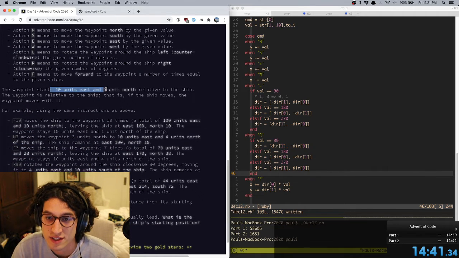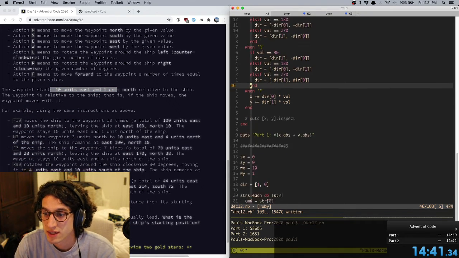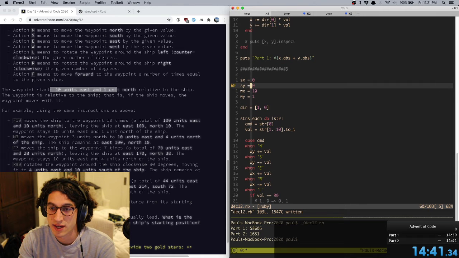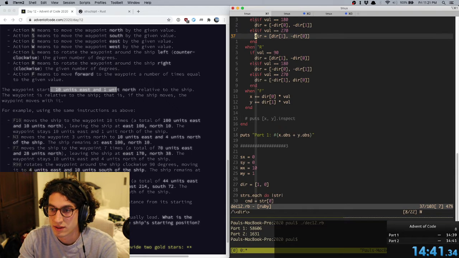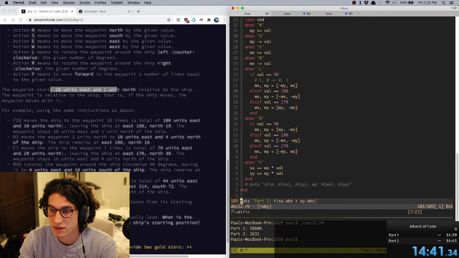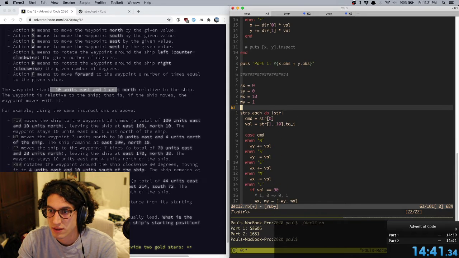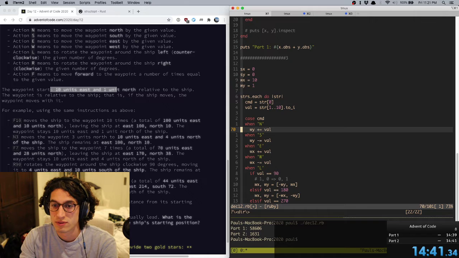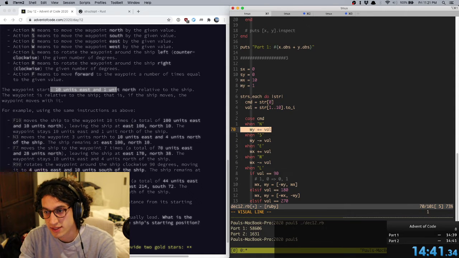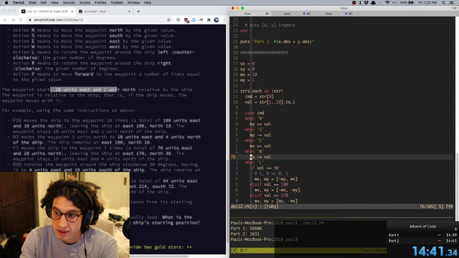So the waypoint starts 10 units east and 1 unit north. Here I have separately ship x and y and waypoint x and y. I don't use this dir again. So similarly, when it's north, south, east, west, we update the waypoint.